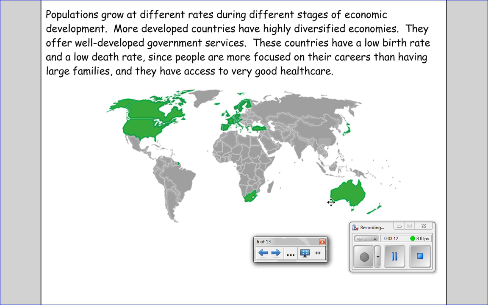We can see this in the countries that are colored in green. So they don't have a high number of births each year, but at the same time, they don't have a high number of people dying. So their populations actually stay fairly consistent.